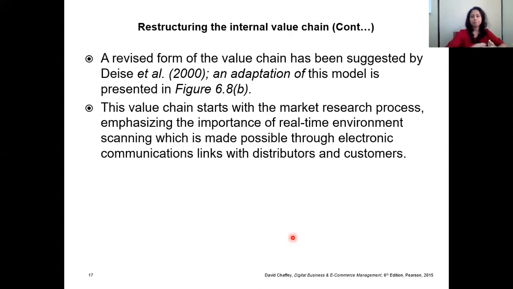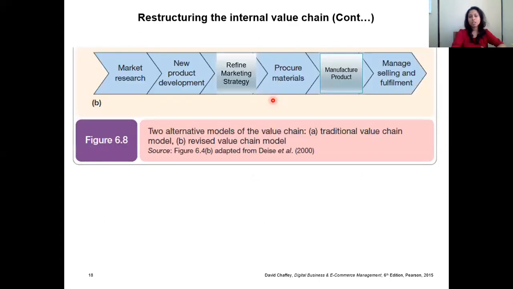Moving on, due to these kinds of drawbacks and negative points, a revised form of the value chain has been suggested by Days et al. An adaptation of this model is presented in figure 6.8b. If we look at this figure, you can see that the traditional value chain model has been very much restructured.